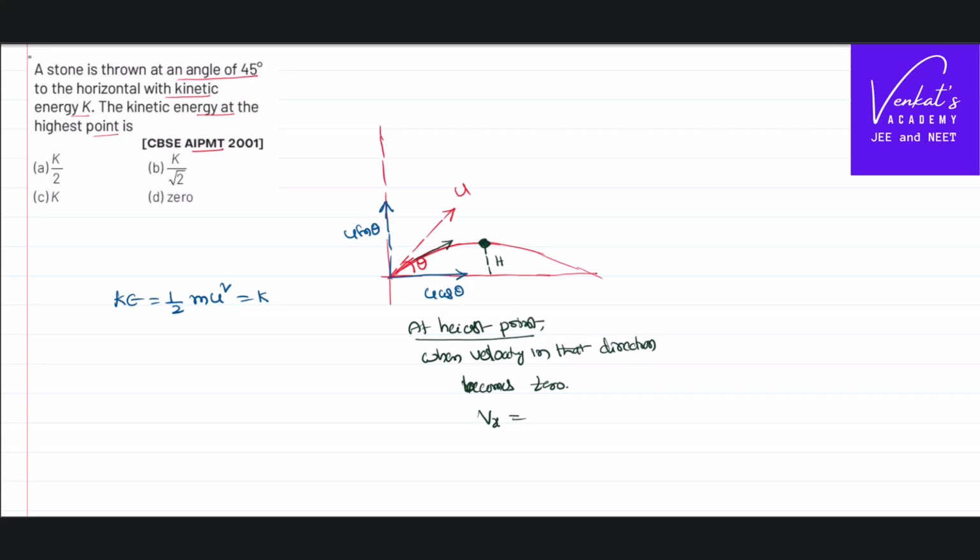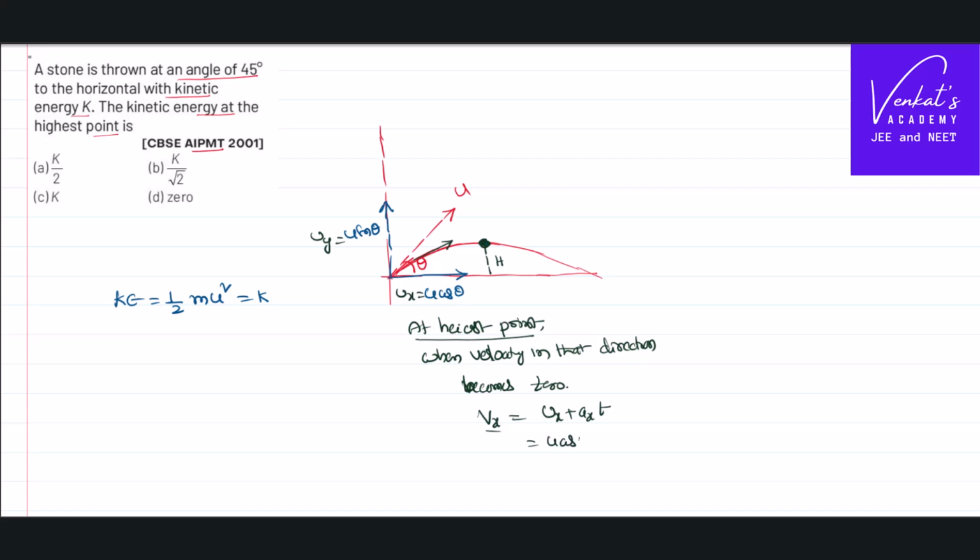At the highest point, the horizontal component of velocity is ux, the initial component, and along the y direction it is uy. But along the horizontal direction, the final velocity vx, I can use the formula ux plus ax into t, similar to v equal to u plus at.